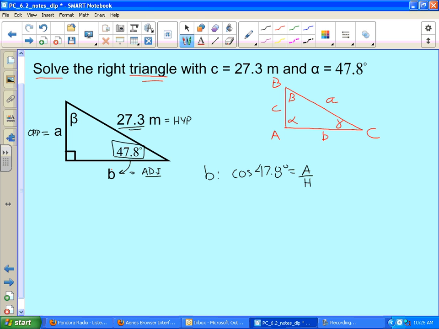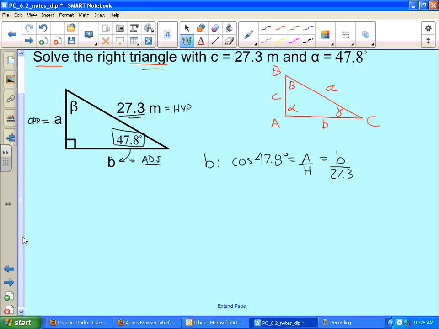Well, our adjacent is what we're looking for, and our hypotenuse is 27.3. So I've got cosine of 47.8 is equal to b over 27.3. Okay, so let's talk about how we put this stuff into the calculator, because there is something important about that.